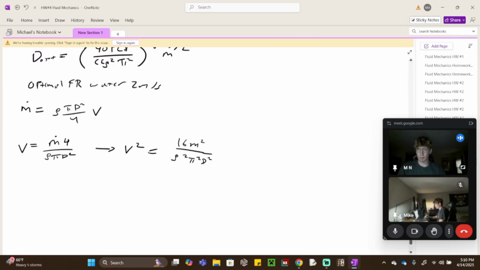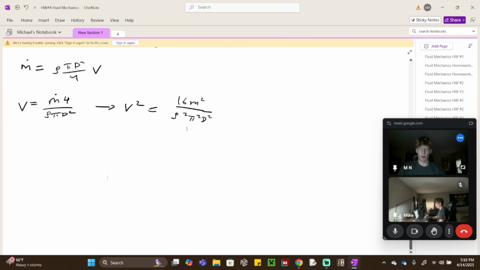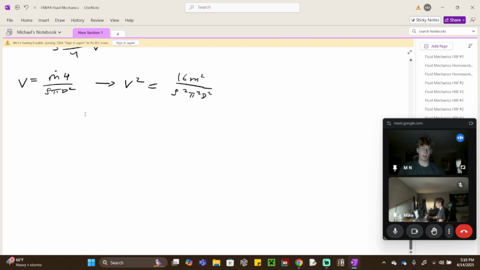We substitute our d optimal that we just solved for into our v equation, and then solved for our v optimal, so our velocity optimal. So v opt equals 4 m dot over rho, times m dot times Cc rho squared pi squared over 40 Pc times f, all to the 1/3.